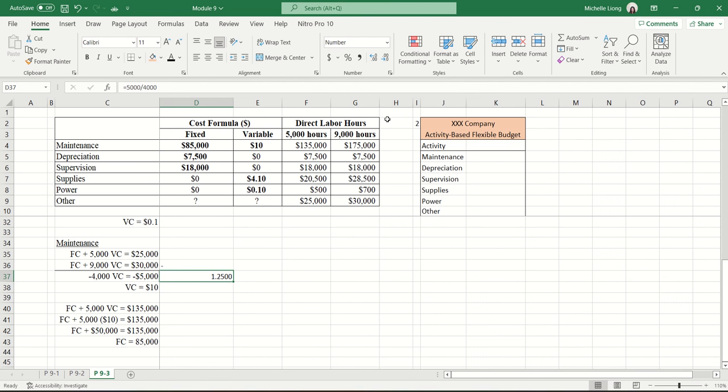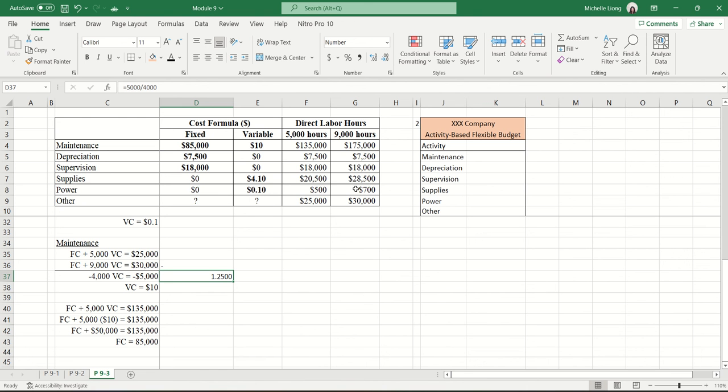Yep, 1.25. But wait a minute, why do I have the different amount for this? Plus 4,000, 30,000, 4,000 minus 5,000. 4,000 divided by 5,000, which is 0.8.